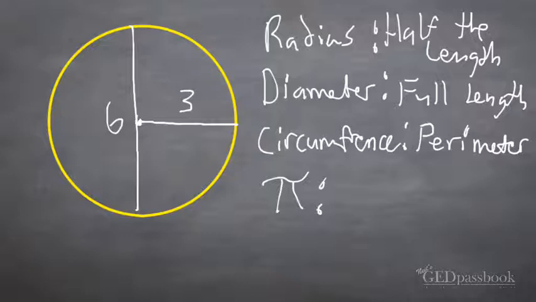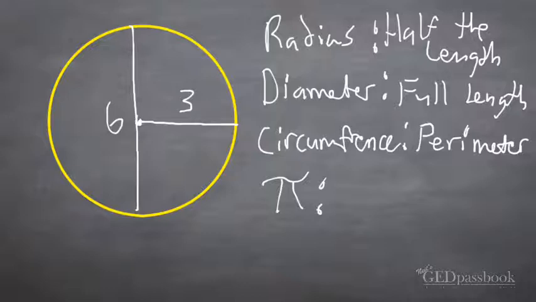Does the circle have a side? No, that's the beauty of this shape. It doesn't have any edge. It doesn't have any side. So they just decided to rename it circumference. But think of it as identical to the perimeter. That's why it's on your formula sheet, under the perimeter of a blank section. There's a reason why it's there. It's because circumference, all it means is, think of it as the outside of the circle, the perimeter.